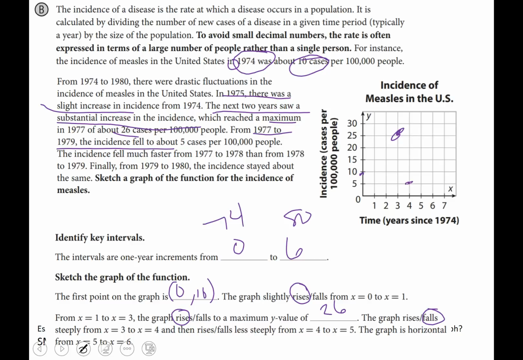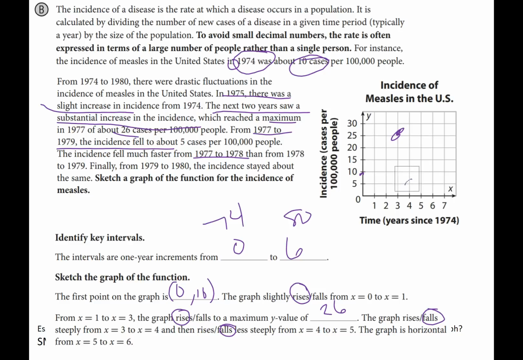Okay. And then it rises and falls less steeply from 4 to 5. So it says, let's look at it. It says that the incidence fell much faster from 77 to 78 than 78 to 79. So we're saying it's going to fall again. Oops, and I lost my dots again.